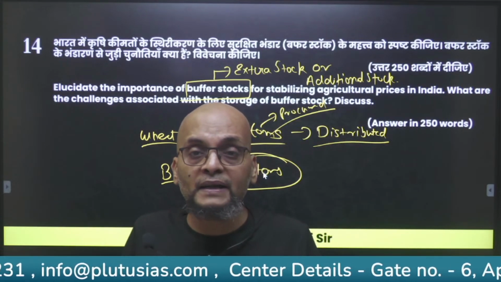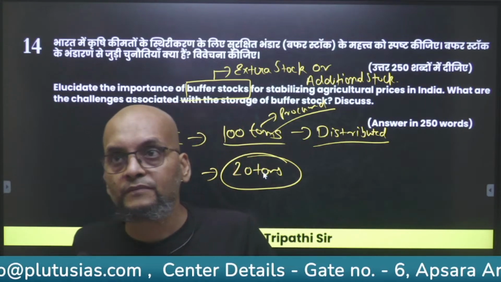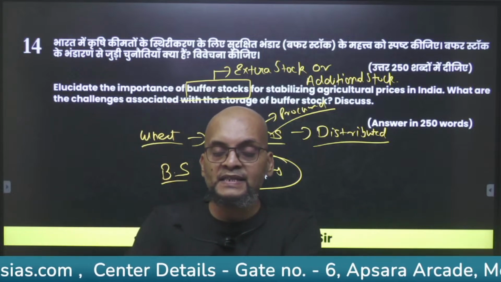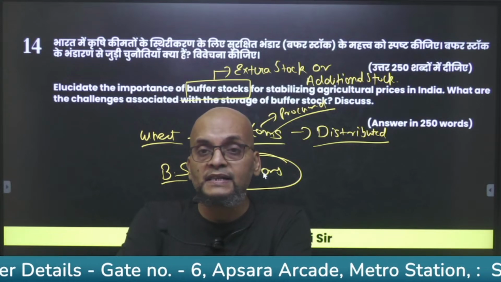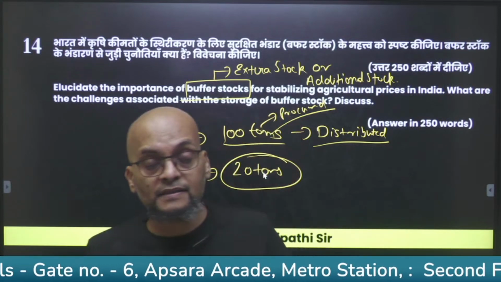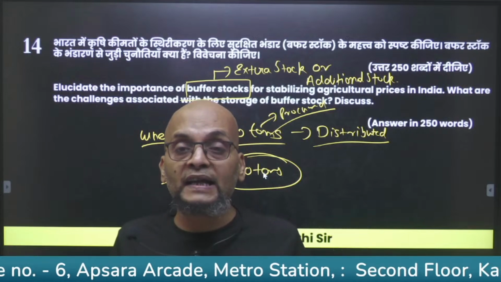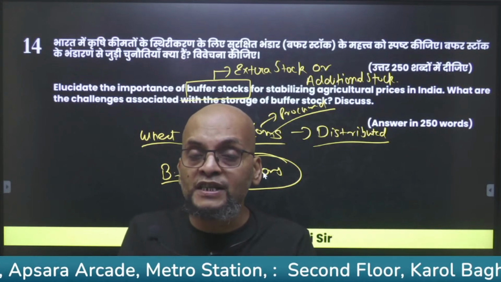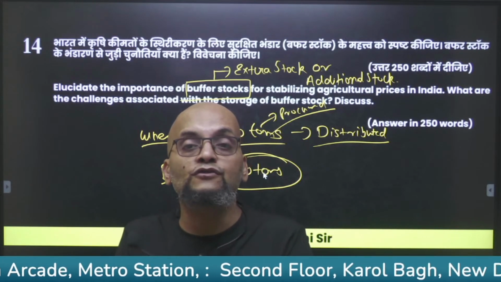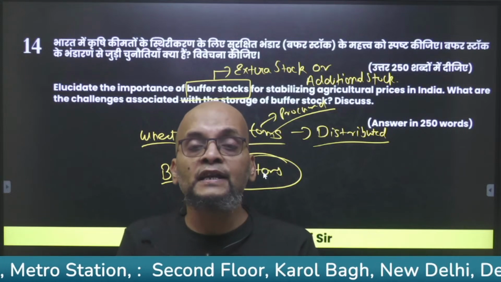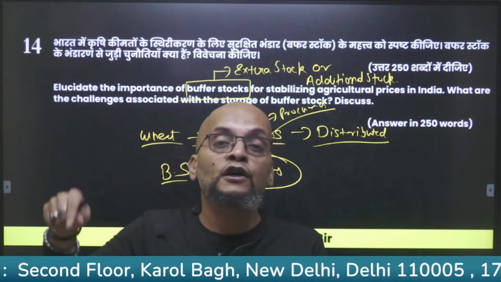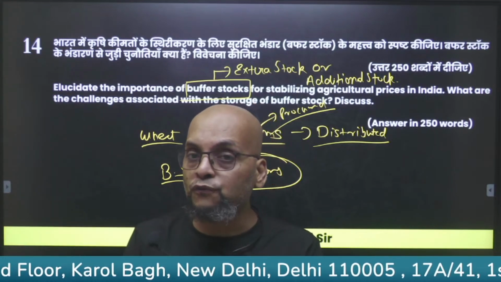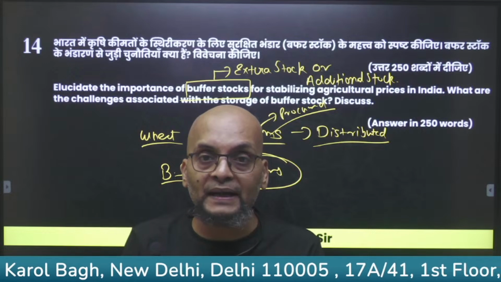Already the government is in shortage of money. Fine. Next is wastages, as limited storage capacities are available. See guys, in India this is also one of the problems. We do not have sufficient storage capacity for the food grains or crops. So already food storage capacity is limited, and on top of that you are increasing the stock of food to be stored, so that will be a problematic thing.